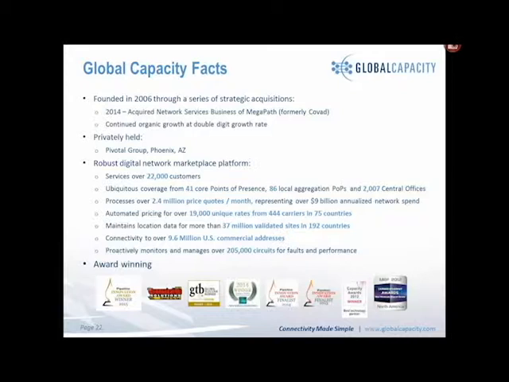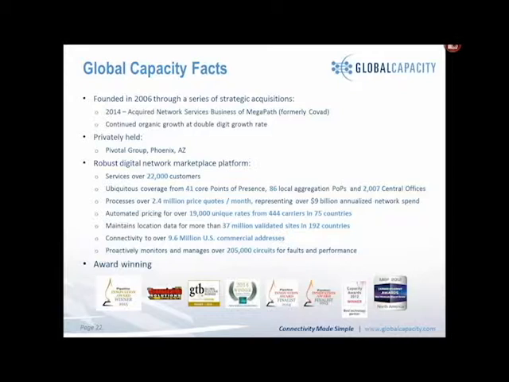A little bit about Global Capacity. We were founded in 2006 through a series of different acquisitions. At the end of last year, we acquired an additional footprint, which was the old COVAD, an aggregated copper network, which gives us continued additional coverage to the fiber and Ethernet services that we have.